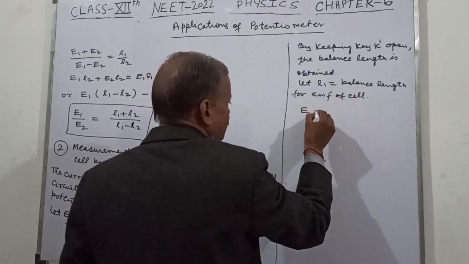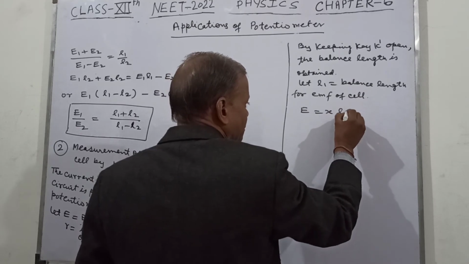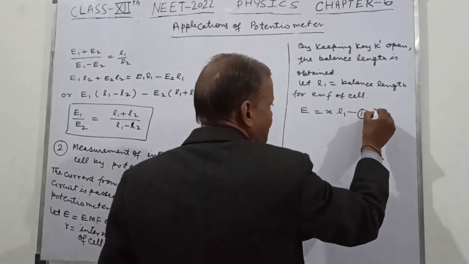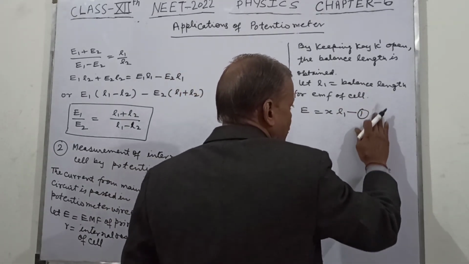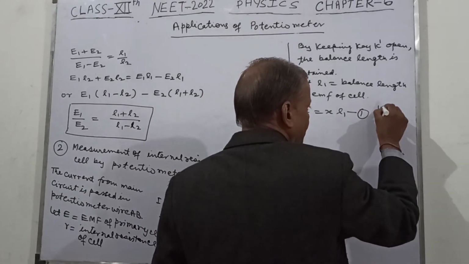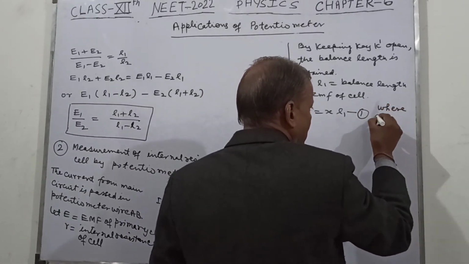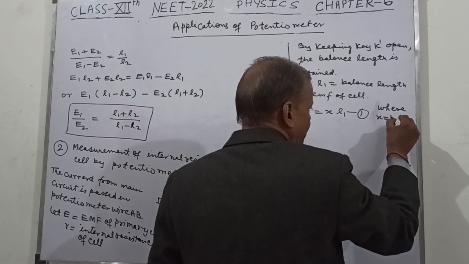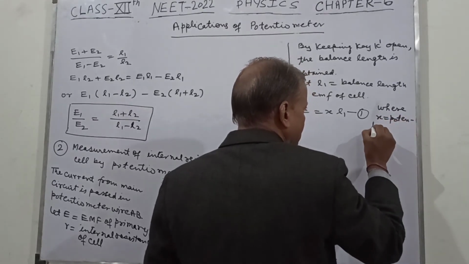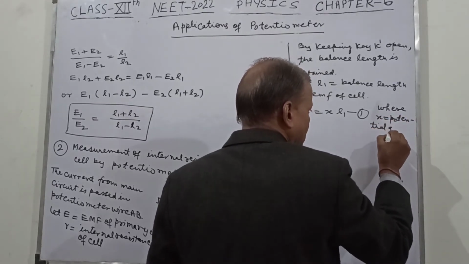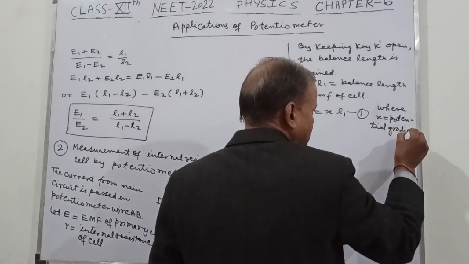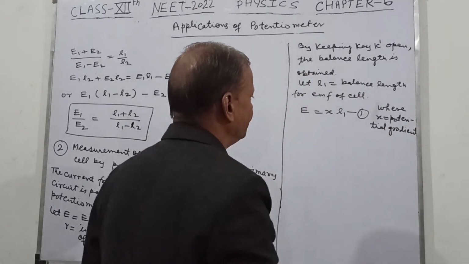So this E equal to X L1, this is now number 1, where X equal to potential gradient.